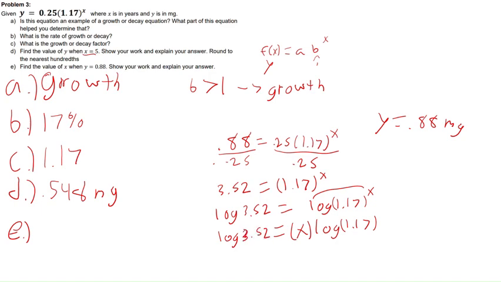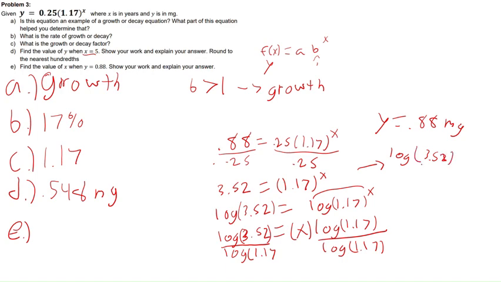Now if we divide both sides by this log value right here, then we will isolate x. So now if we move over here, we have log 3.52 over log 1.17 equals x.